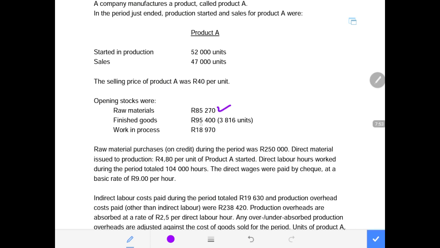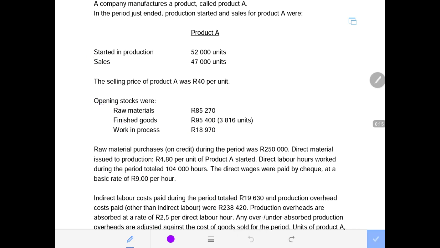We also have our finished goods as 95,400, and the total number of these finished goods is 3,816. Remember, the opening stock of finished goods is 3,816.